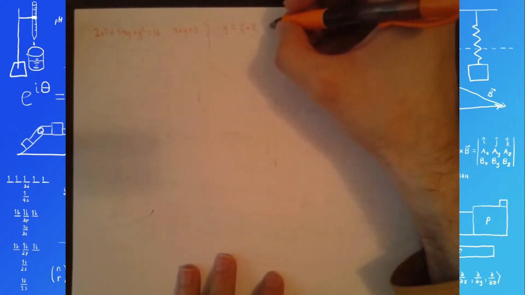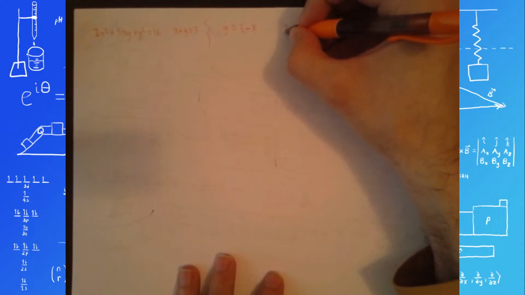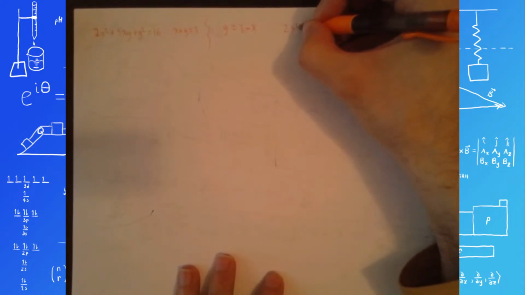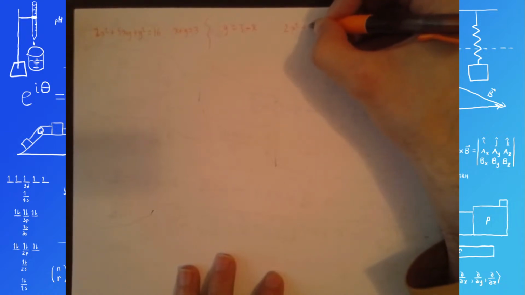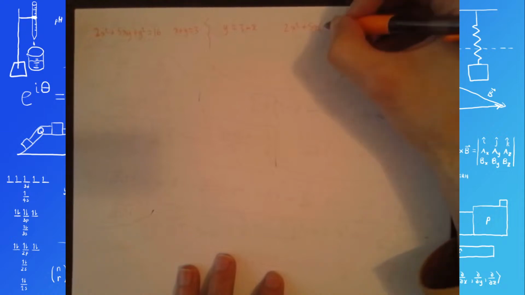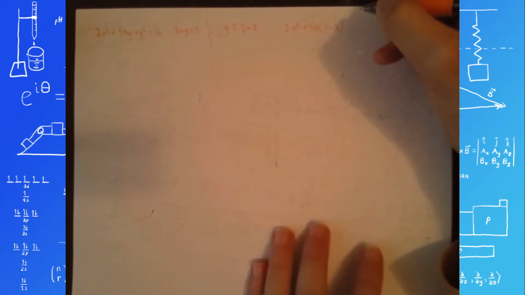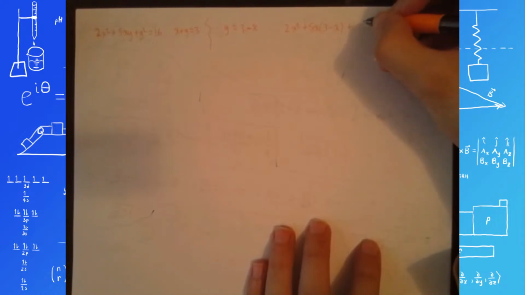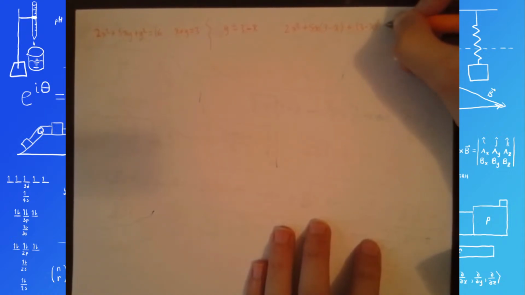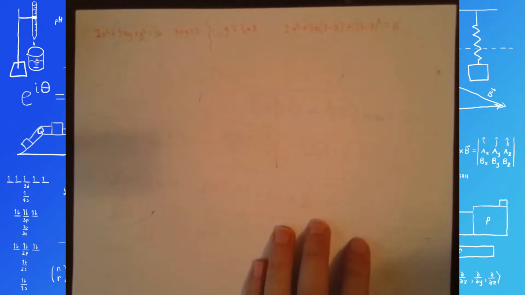So that gives me 2x squared plus 5x times 3 minus x plus 3 minus x squared equals 16.